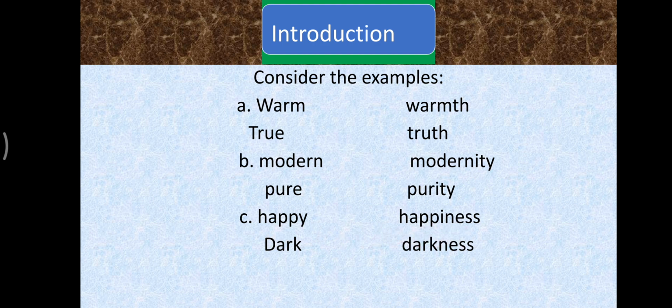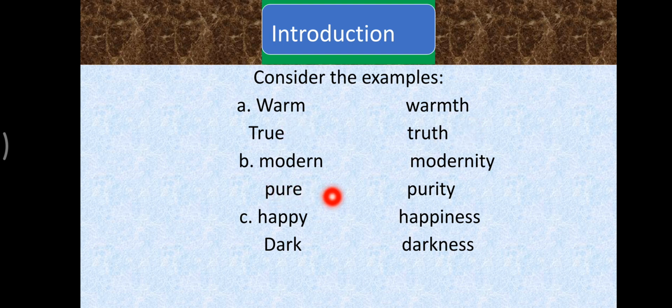So here we have rules for lexeme formation. In the first case, warmth and truth, we have a rule: when we add th to an adjective, it becomes a noun.